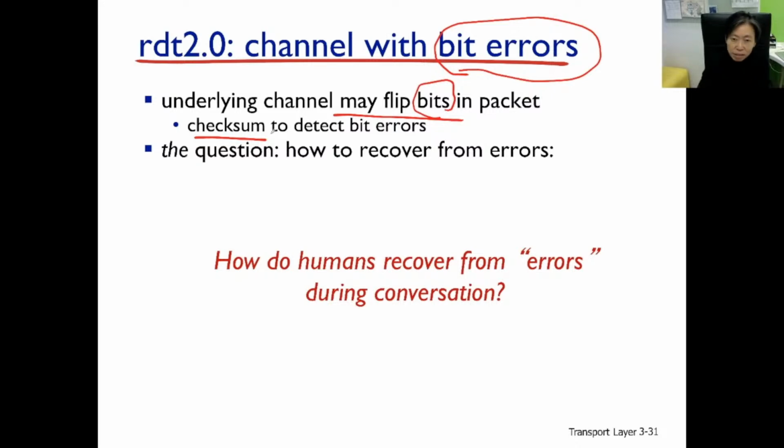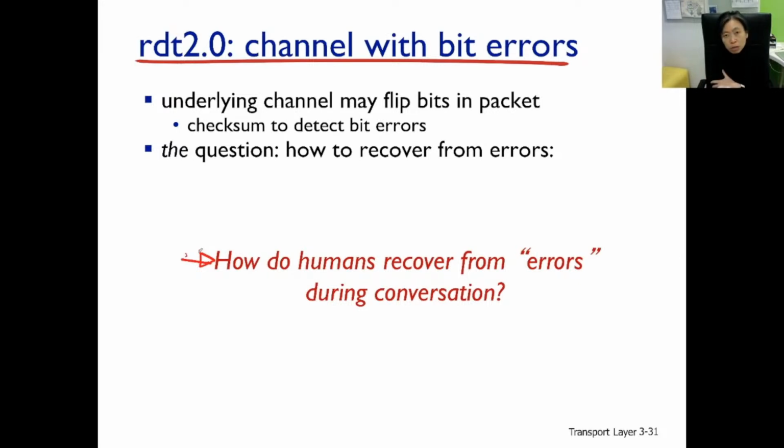The question is, how do we recover from this error? If you're thinking about how to do this in the computer in the transport layer, I'm sure that's very hard. But think about how humans recover from errors during conversation. Say Polly was trying to describe finite state machines and it sounded really fuzzy to you, what would you do? There you go, you type in the live chat and ask, hey, what do you mean by transition? What do you mean by changing from one state to another state?